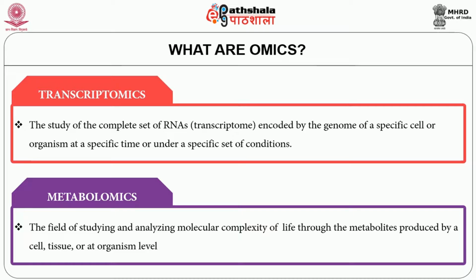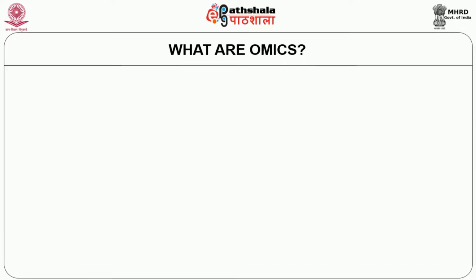What do you mean by metabolomics? It is the field of studying and analyzing molecular complexity of life through the metabolites produced by a cell, tissue, or at organism level.